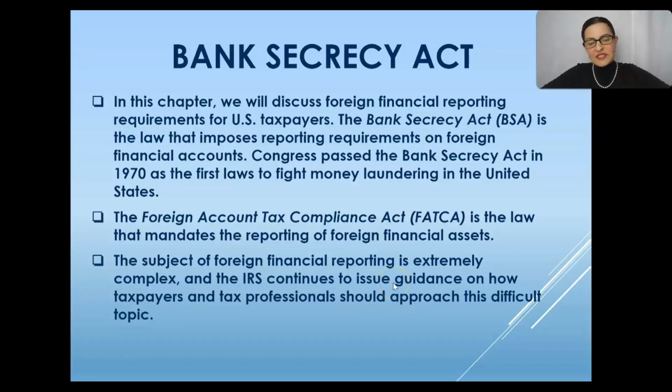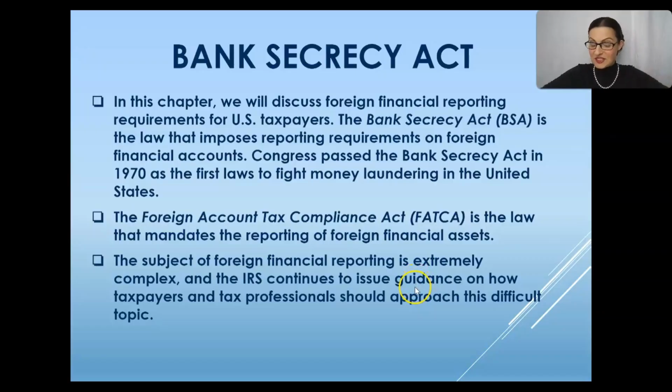Of course, the requirements have changed since then. Now there's internet, now there's cryptocurrency, now there's people doing wire transfers back and forth between different countries. In 1970, none of that was actually possible. You couldn't just click a button on your computer and send money to a foreign country in 10 minutes.